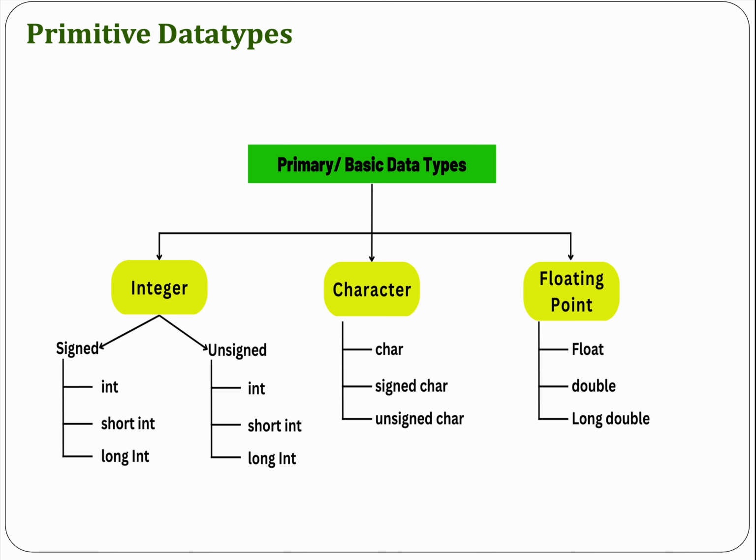In a big project they might have used long. The size is quite high, but the basic difference is signed is positive as well as negative numbers. Unsigned has no sign mentioned at all. If there is no sign mentioned, it will be treated as a positive number.